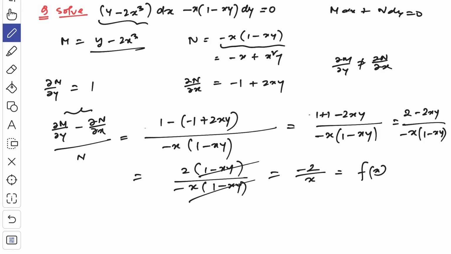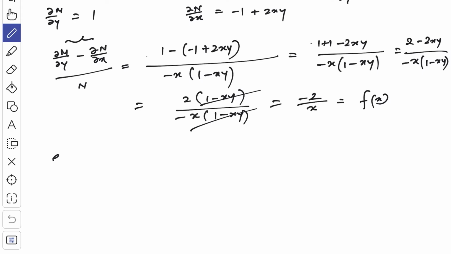So let's find the integrating factor. Let us give this given equation as equation number 1. So our integrating factor will be e to the power integration f of x dx.